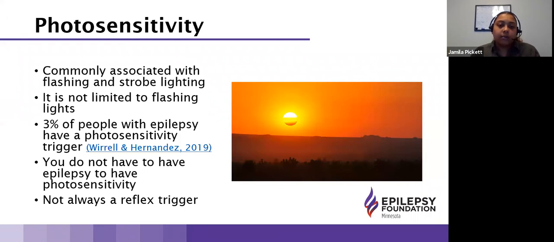Now, when we're thinking about the type of lights, as I said, it doesn't have to be just flashing light or strobe lights. It can be light from the sun or regular lights that you see in your home. A story I like to tell is how a family moved their child from one bedroom in their home to another bedroom, and they noticed that she would have seizures all of a sudden, much more than she usually would at night.